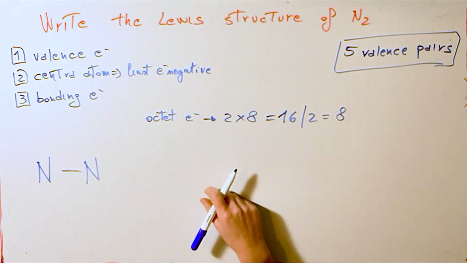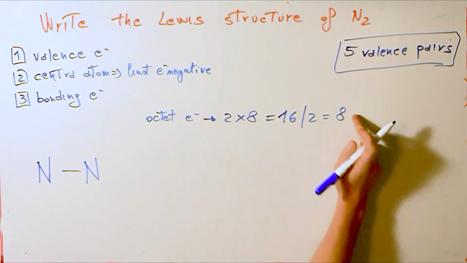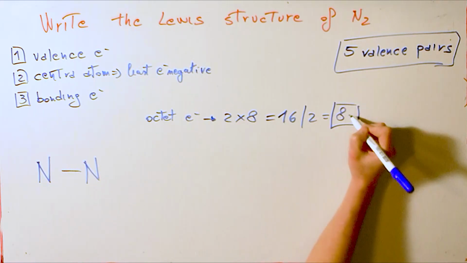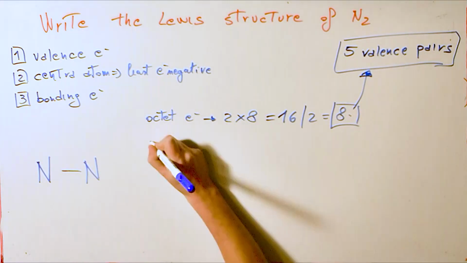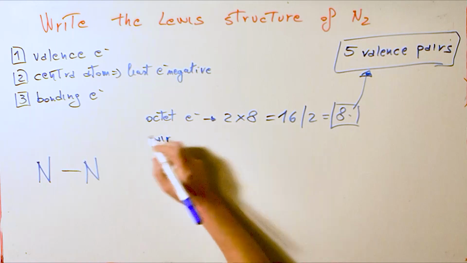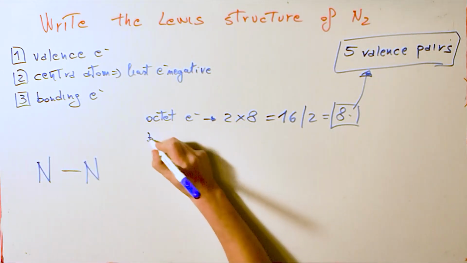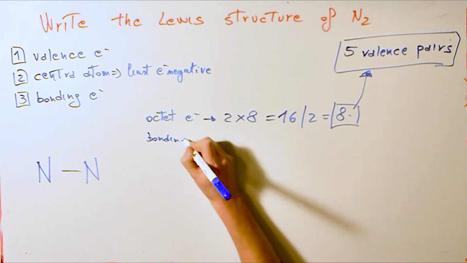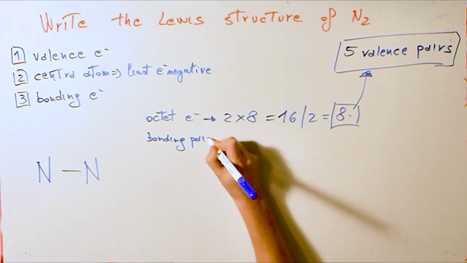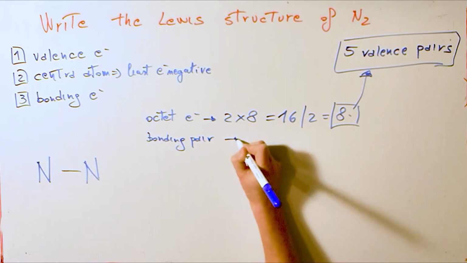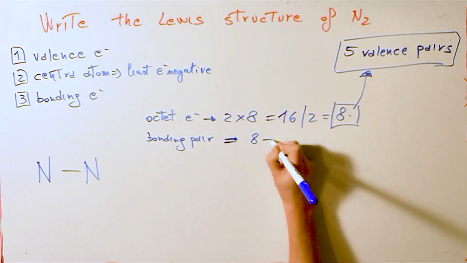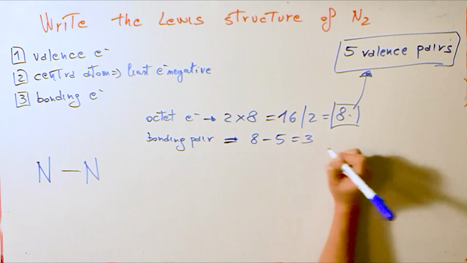How we can calculate the bonding pairs? The bonding pairs can be calculated just by making the difference between this and this. So the bonding pair of electrons are equal to 8 minus 5, which is 3.